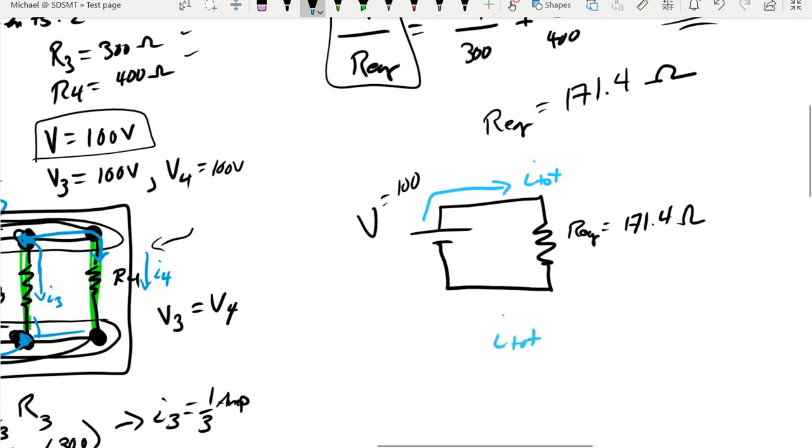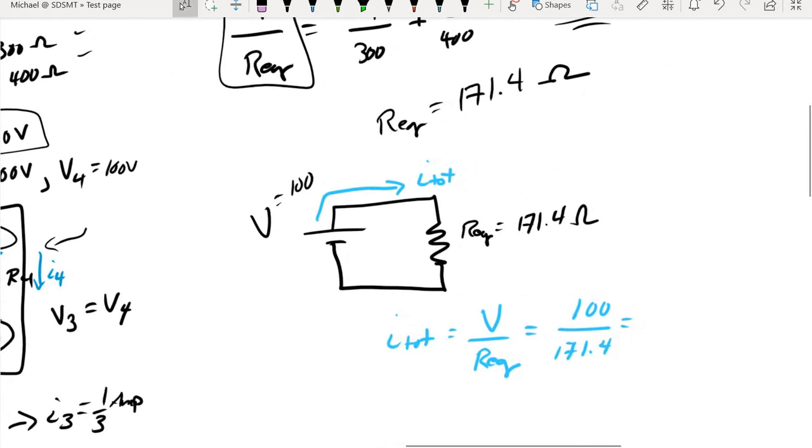And that total current will come from the same Ohm's law representation that we had before. We have 100 volts, 171.4 ohms, which gives us, surprise, surprise, 0.583 amps. Exactly what we got before.